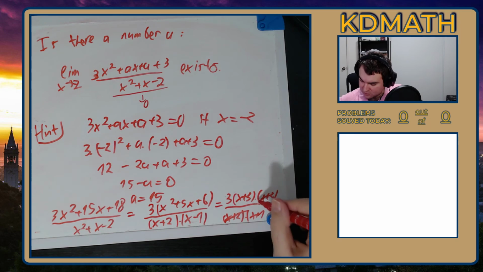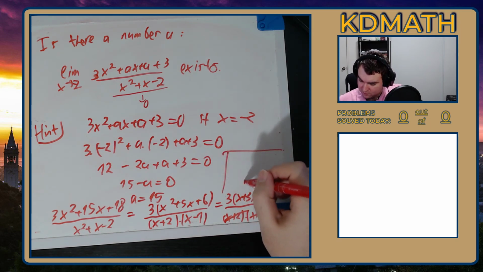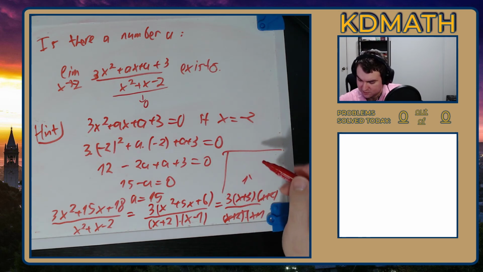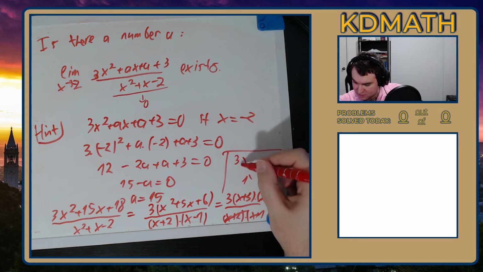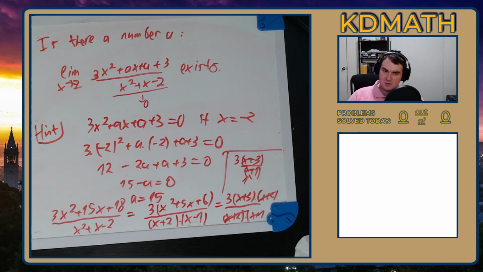So the x plus 2's cancel out. So if x is not -2, then f of x is 3 times x plus 3 over x plus 1. And now you can just use the quotient rule on this.